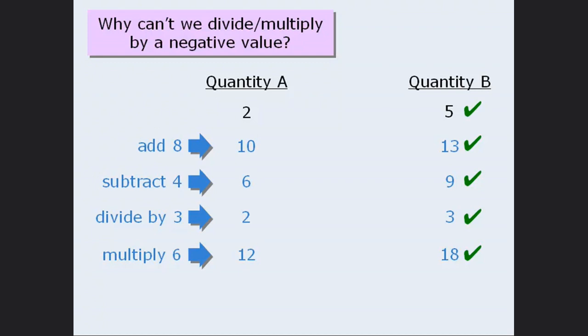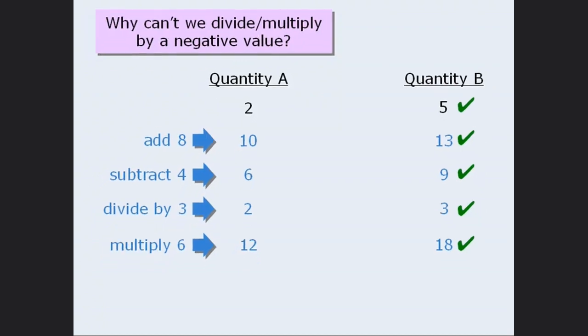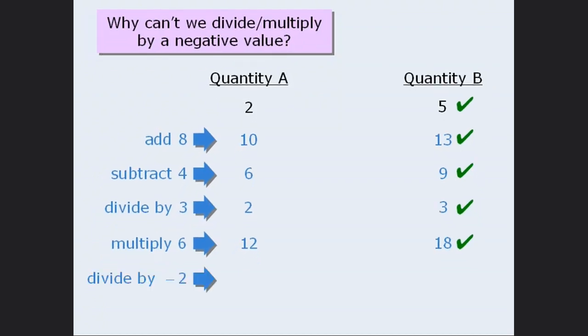However, notice what happens if we take our current quantities and divide both of them by a negative value. When we divide both quantities by negative 2, we get negative 6 and negative 9. And now it's the case that quantity A is greater than quantity B. This, of course, is a problem.